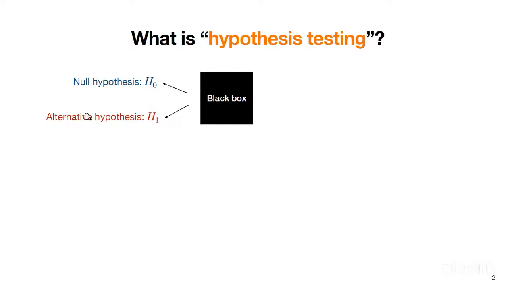We don't know which one it is. But what we can do is take samples from the black box to get some observation of the data. You can collect it, and based on this observation, you then make decisions. So whether H0 or H1 describes the black box more precisely.